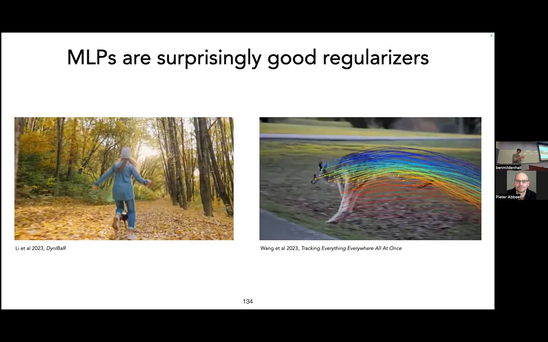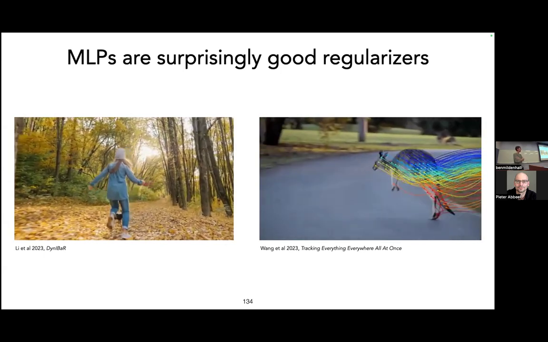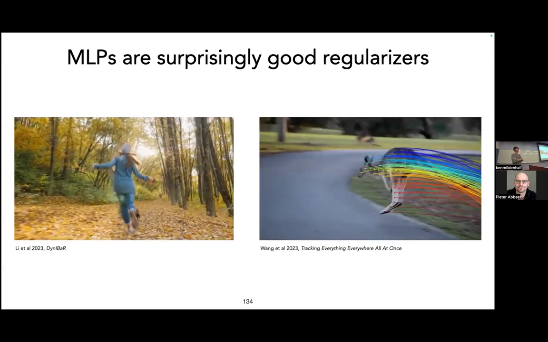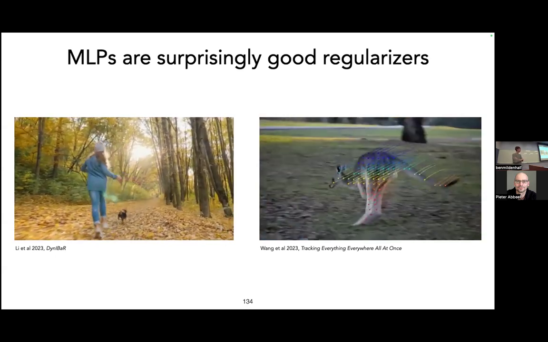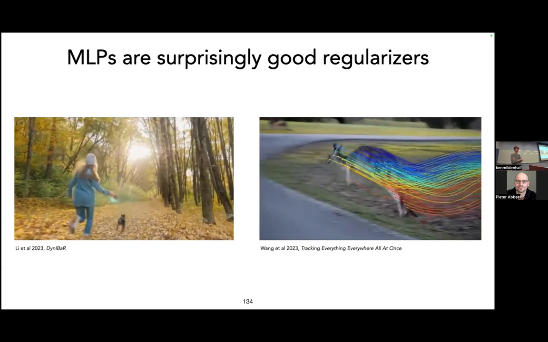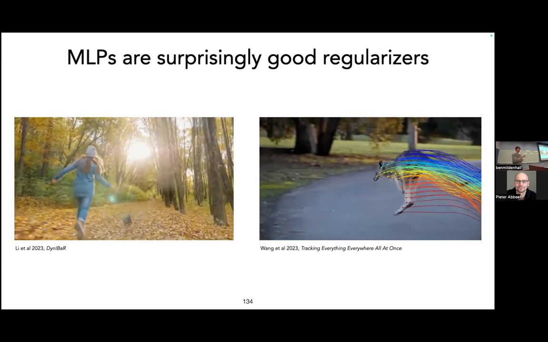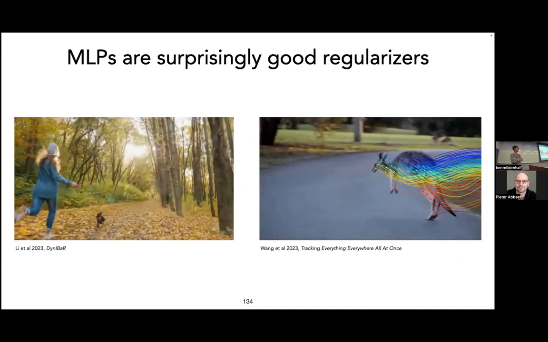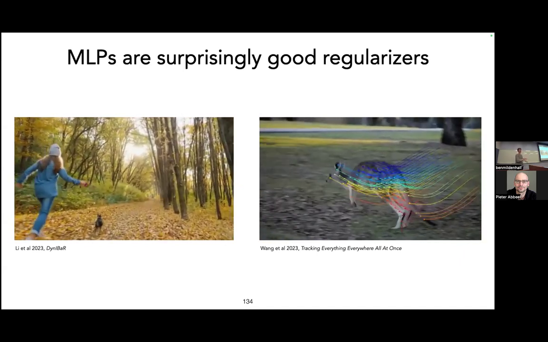There's a higher level deep learning takeaway here, in that MLPs are actually really good regularizers for low dimensional spatial signals. So people have started exploiting this. You might think MLP for spatial signal, it's done, no one's going to do that anymore. But people have adopted it quite a lot for these deformation and tracking based works.